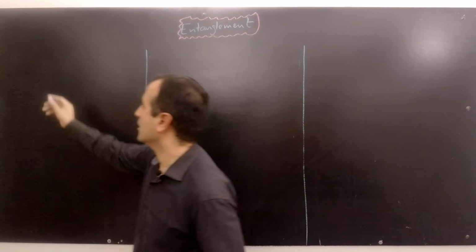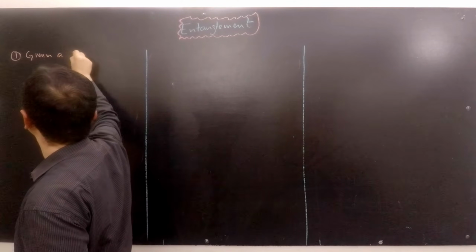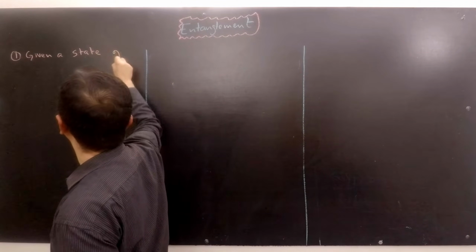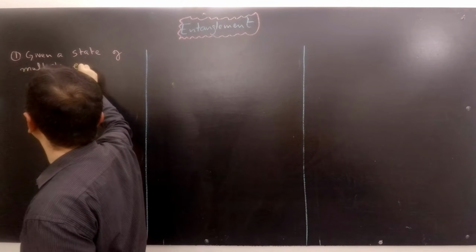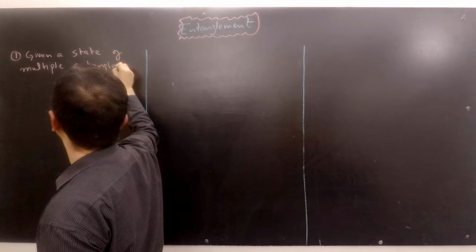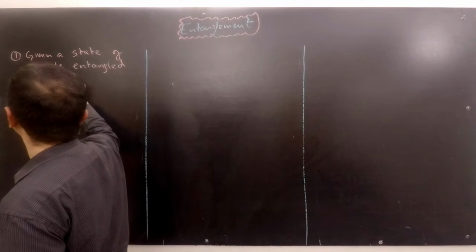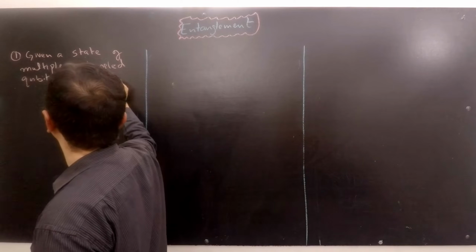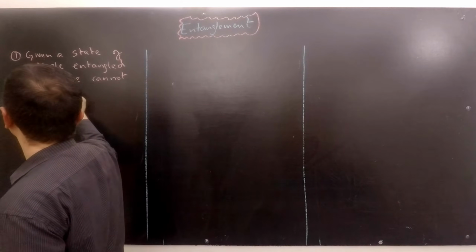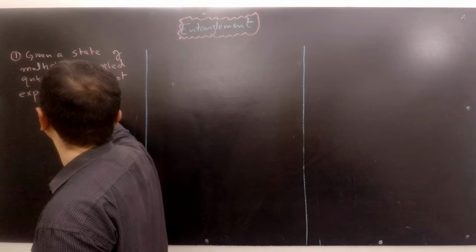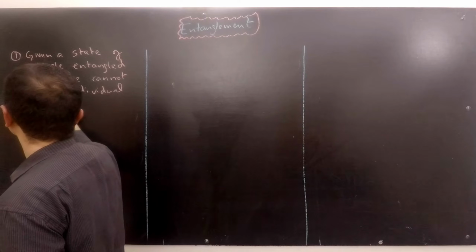So according to definition number one, given a state of multiple entangled qubits, one cannot express individual qubits separately.